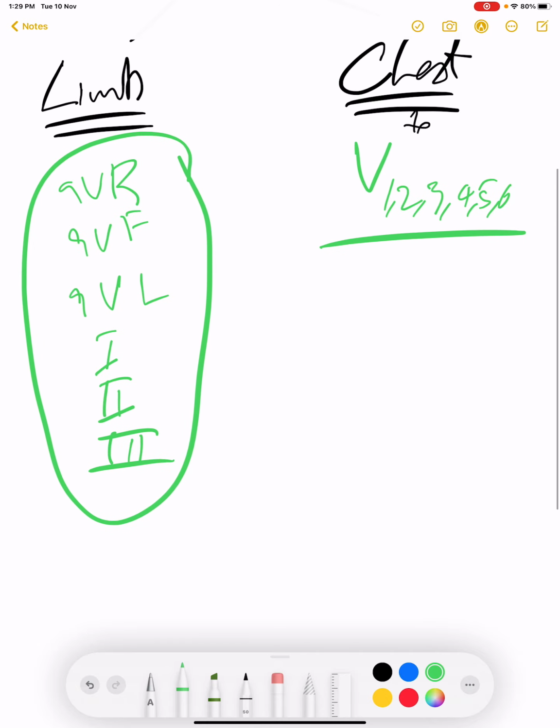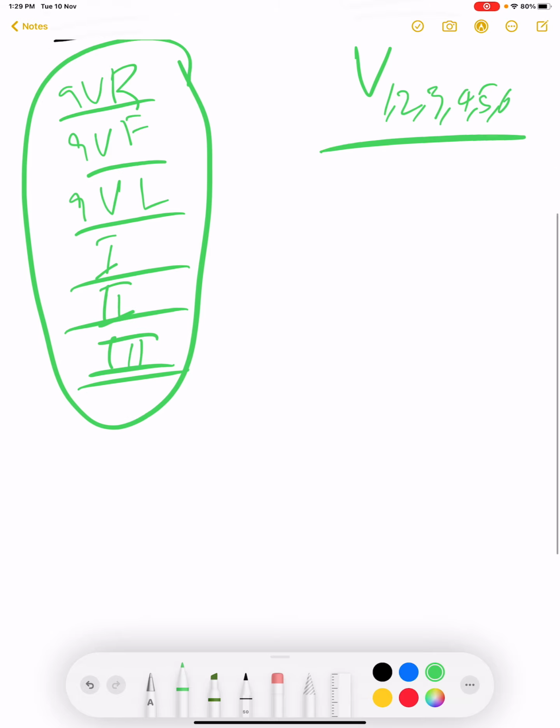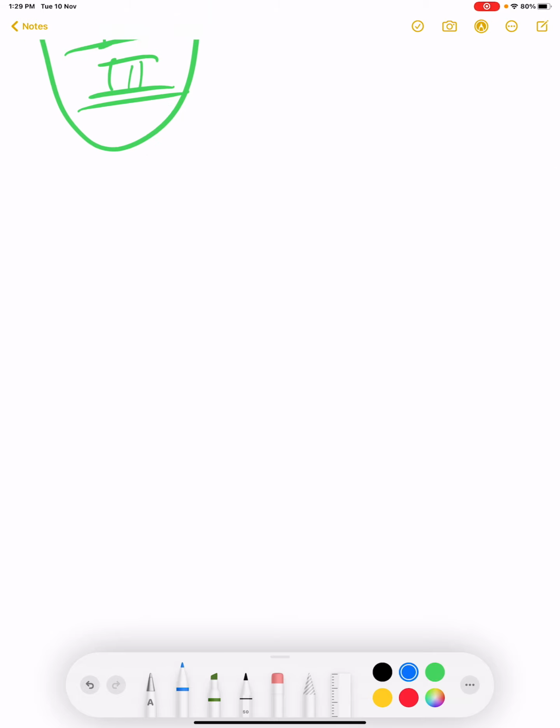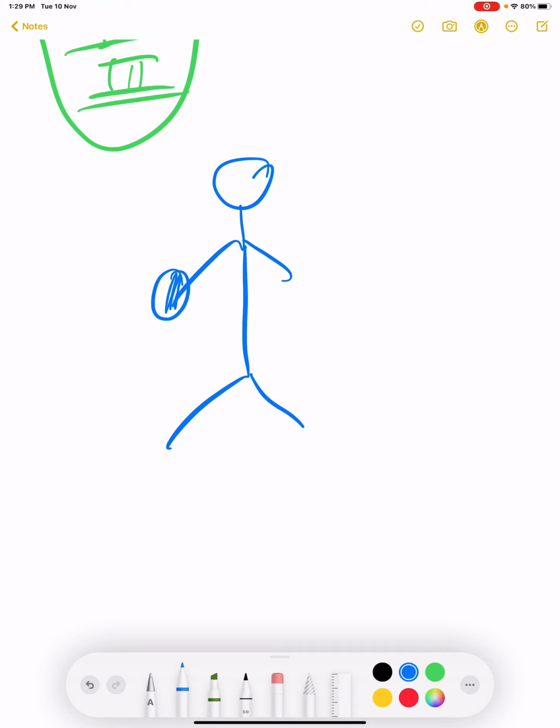When I'm talking about these limb leads, just keep in mind, these are not the physical leads which are present on the surface of the body. For example, this is our man, and we know that there are 4 leads attached to the 4 limbs of the man.